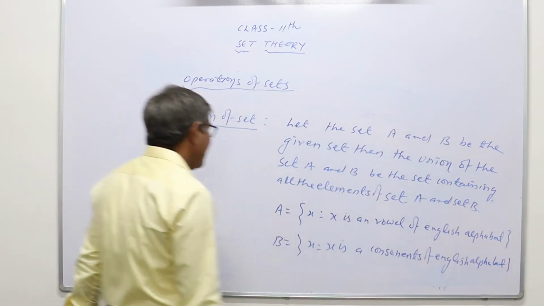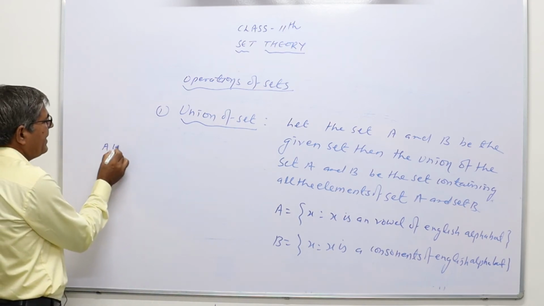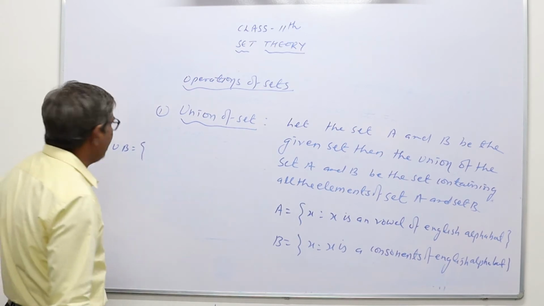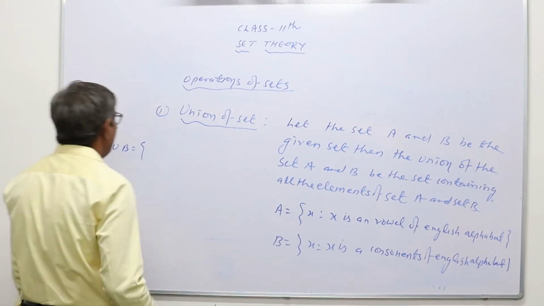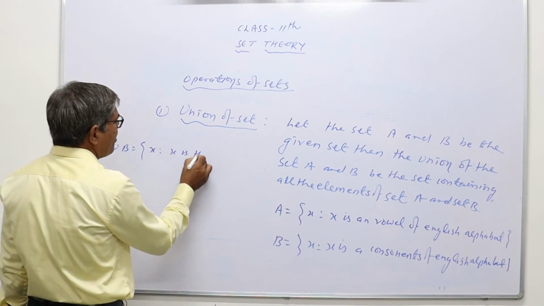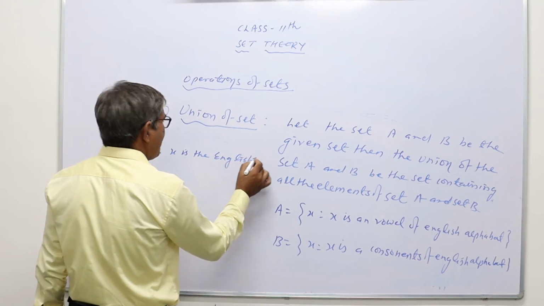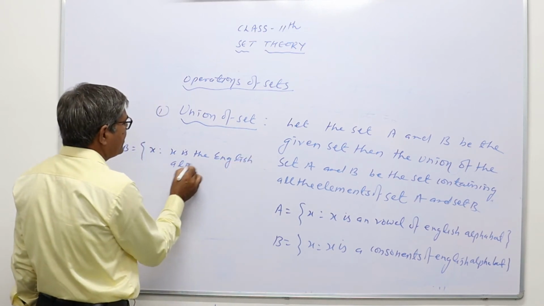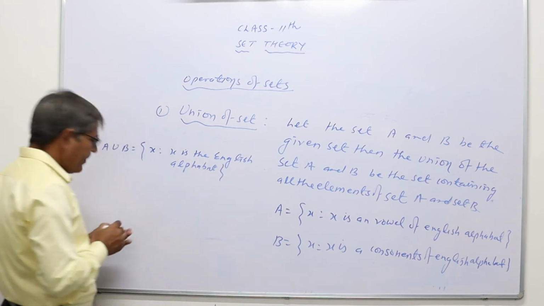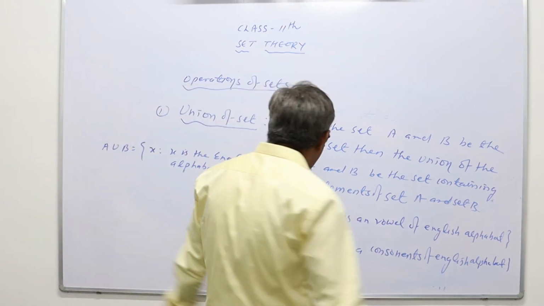Then the union of sets A and B is represented by A union B, and A union B will be equal to x, where x is an English alphabet letter. These two sets are given in set-builder form.